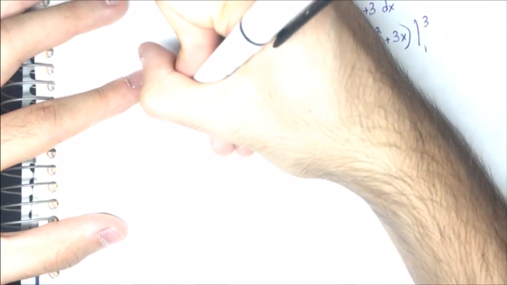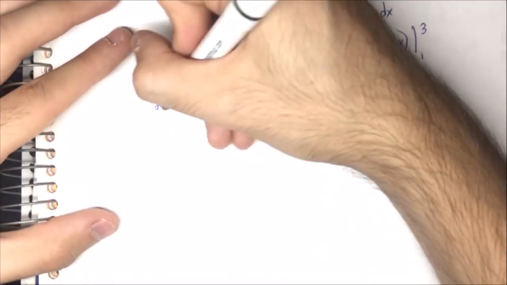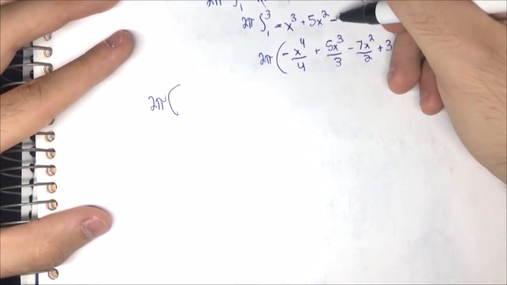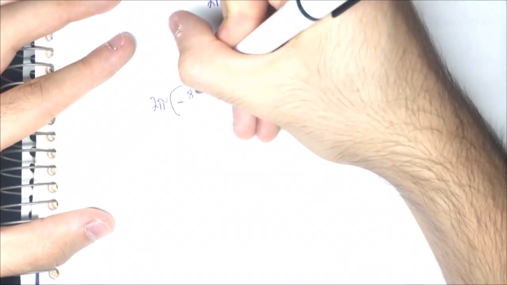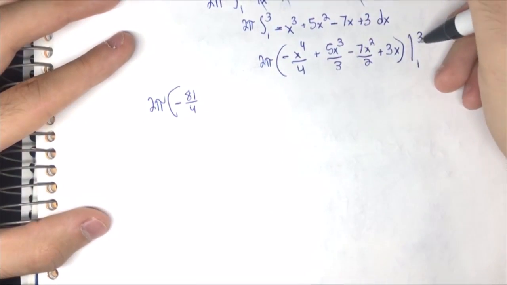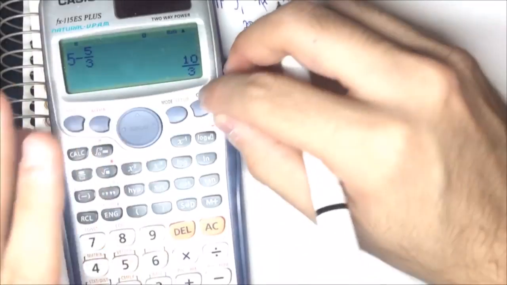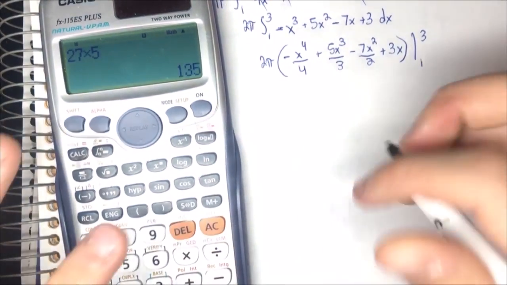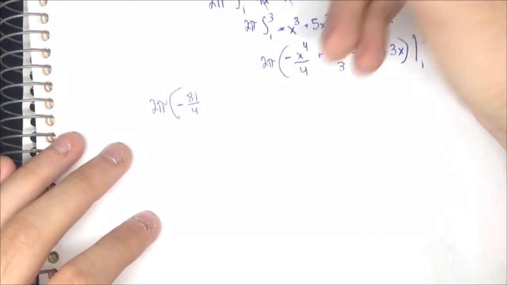So now let's plug in the 3. Let's put it over here so we have room. Plugging in the 3, that's going to give us 3 to the 4th. 9 times 9 is 81, so negative 81 over 4, and then plugging in the 3 here is going to give us 9 times 3 is 27. 27 times 5 is going to give us 135, divided by 3 is just 45.